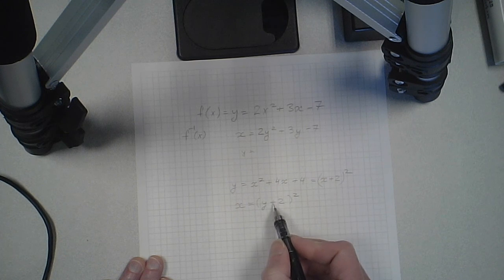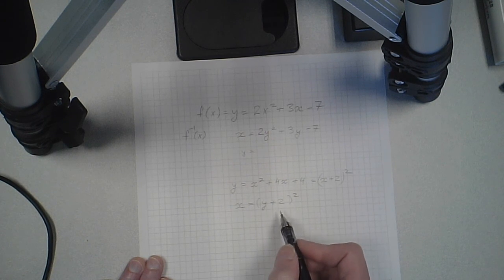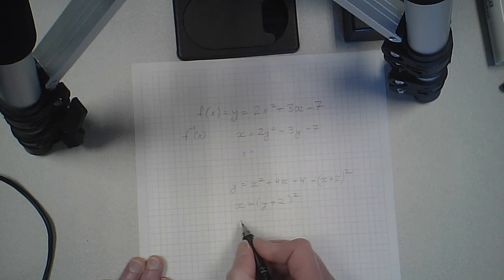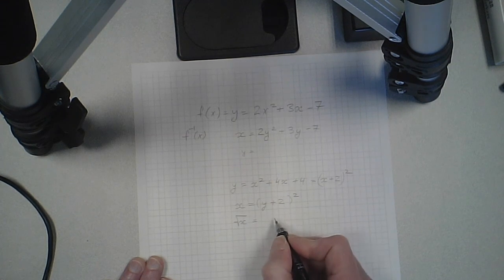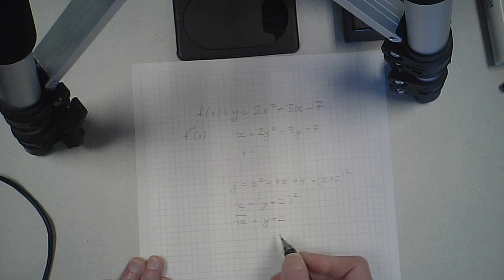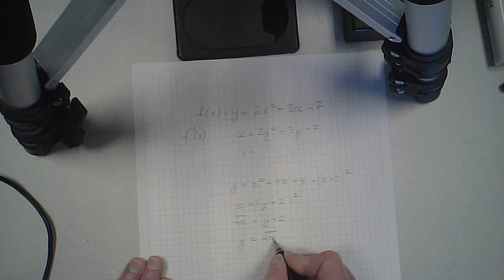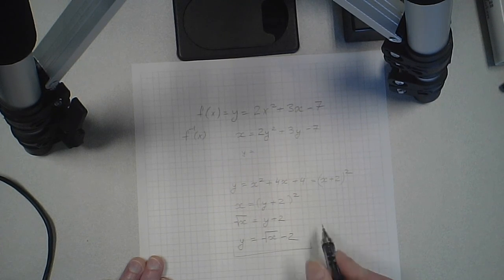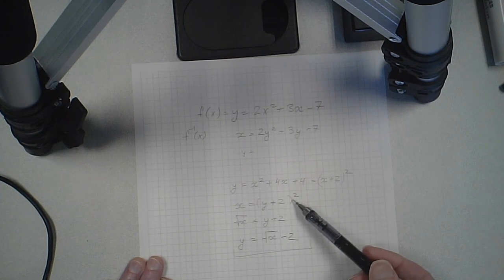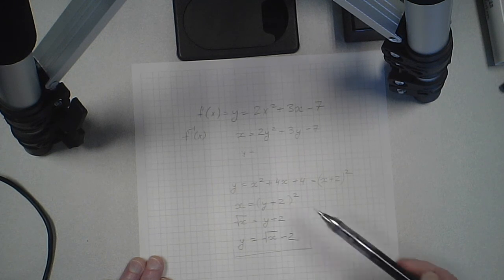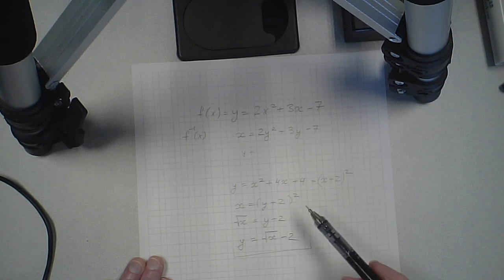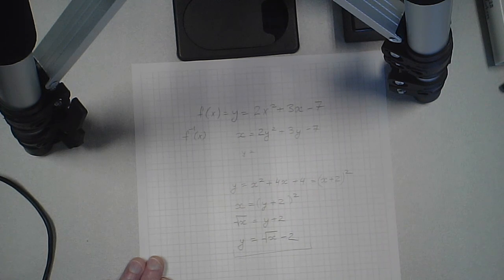Because it's so nice, we can actually figure out our stuff, right? We can take a square root on both sides, and then we subtract 2, so we get y equals square root of x minus 2. This time we lucked out, right? Because we can actually get an expression that we can tolerate, that we can digest. Sometimes the original function is such that when you swap y's and x's, you get something that cannot be solved in terms of y on the left side. But you can at least write it down, right?